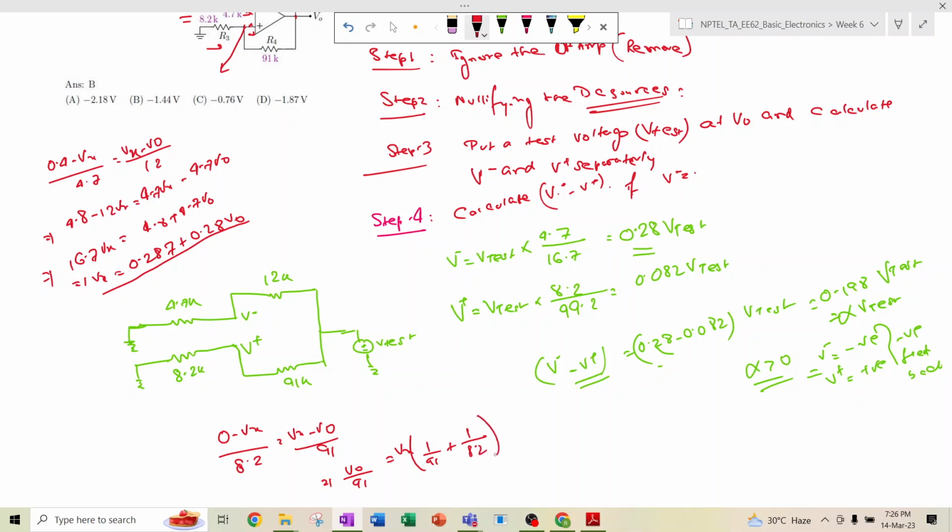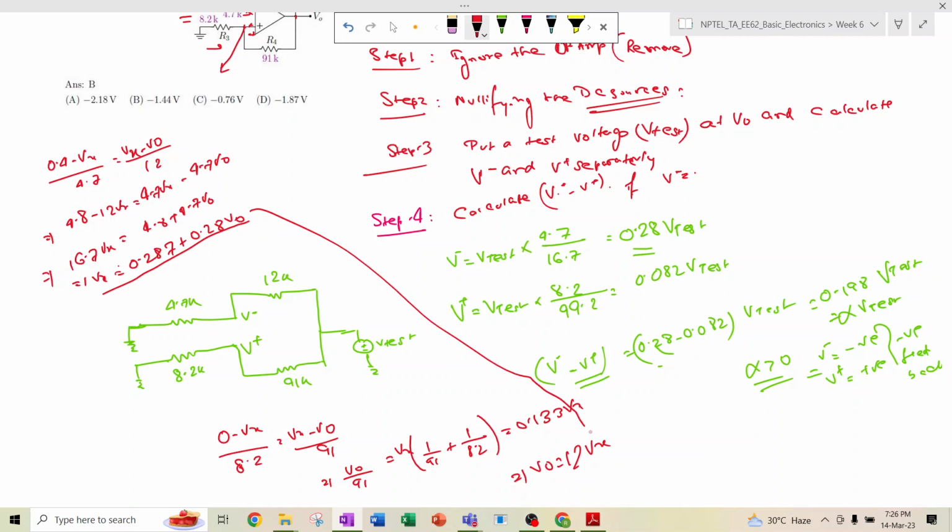So 1 divided by 91 plus 1 divided by 8.2 is 0.133. So it will be 0.133 Vx. So V0 is equal to, multiplied with 91, that is 12. So it is 12 Vx, and we know the value of the Vx.